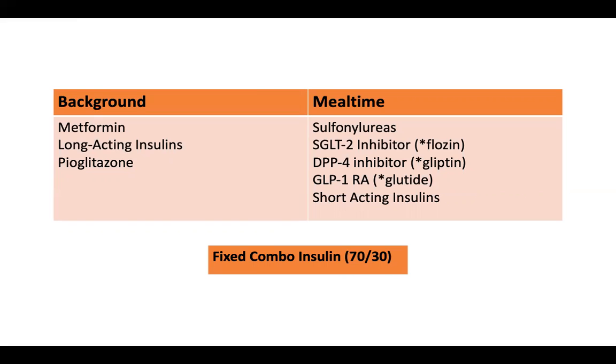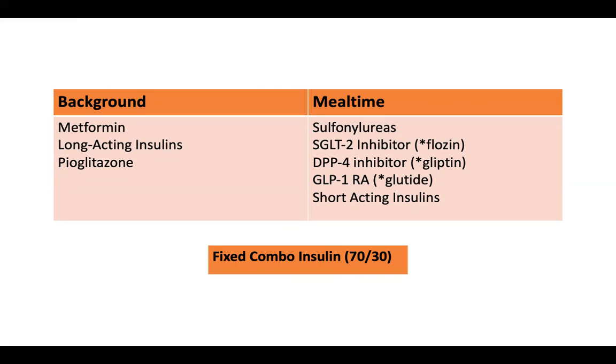On the other hand, some of our mealtime medications, which include the sulfonylureas, SGLT2 inhibitors ending in flozin, DPP-4 inhibitors ending in gliptin, GLP-1 receptor agonists ending in glutide, and short-acting insulins, mainly target the mealtime sugars and therefore have a higher potential of causing hypoglycemia.